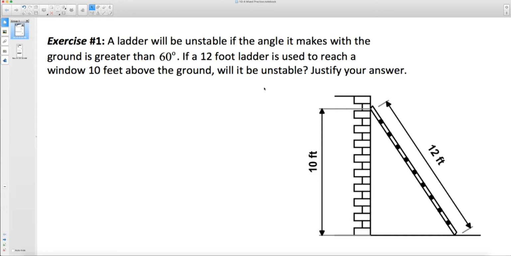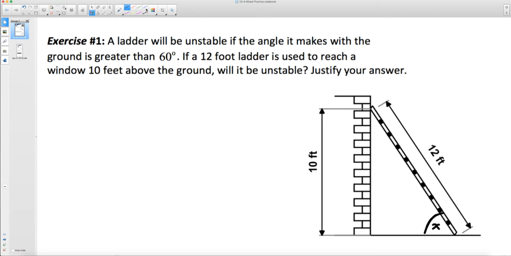We want to know if the ladder will be unstable if it reaches up to the window at 10 feet. So we need to solve for the angle that is made with the ground, that's going to be right here. So I'll make that an X.